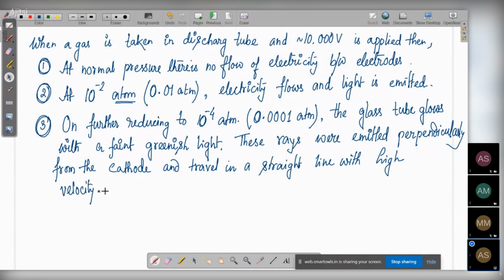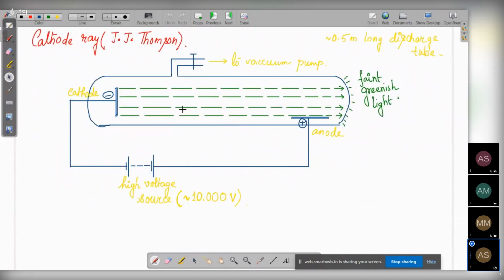So these rays were known as cathode rays. Thomson said that something must be coming out from the cathode, traveling in a straight line and striking the opposite side.